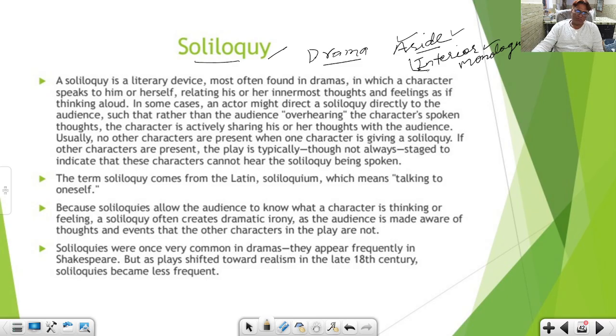Interior monologue is a somewhat modern term. Okay, aside has always been there in the plays of William Shakespeare. Whenever you go through the text of any play composed by William Shakespeare, sometimes in brackets you find this word aside, but we fail to understand what it exactly means.